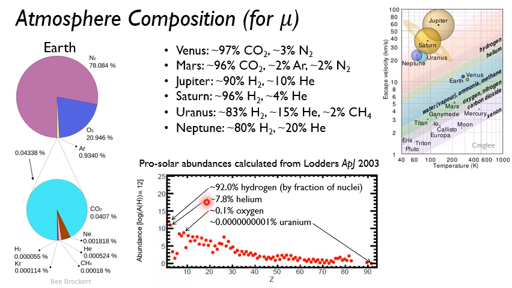And you can see that you're mostly hydrogen and helium, just like our gas giant planets. If you want to get fancy, you should maybe take into account carbon, nitrogen, oxygen, these CNO elements, which are at a factor of 1,000 less in the fraction of the composition.